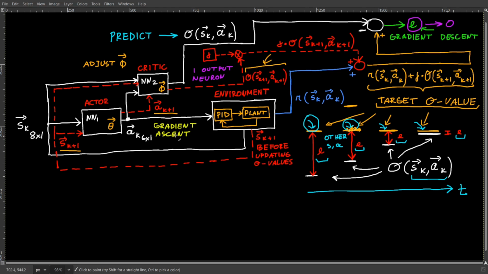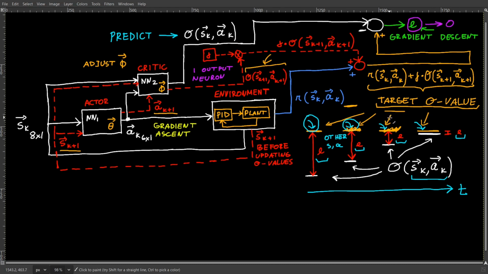Therefore, when you have this structure where the critic neural network directly influences the target Q value, you will not have constant reference points allowing your current Q value to conveniently converge on the target value. That makes learning difficult.